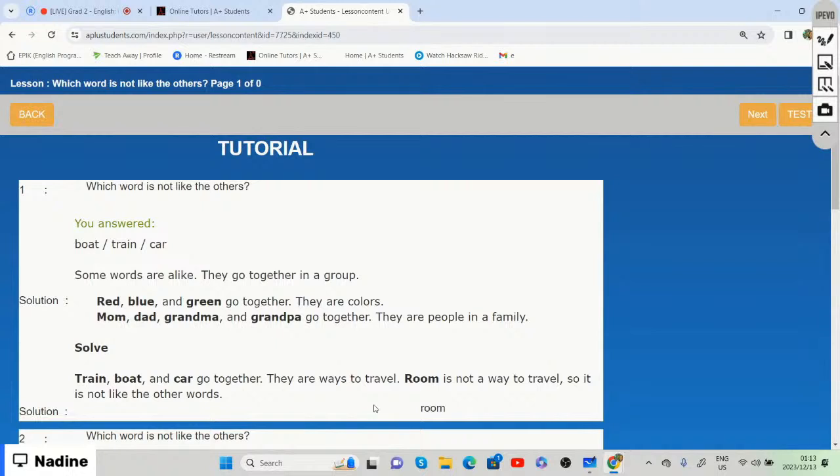Some of the words, we said, are alike and they go together within a group. So we have red, blue, and green, and these are the ones that are going together.